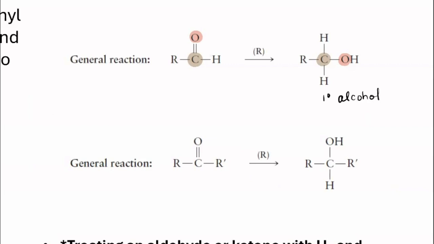Because as we're going to see now, if we start with a ketone, meaning a C double bond oxygen with carbon chains on either side, upon reduction, and let me highlight the atoms, the carbon in the carbonyl will receive a hydrogen, and the oxygen in the carbonyl will receive a hydrogen. So when we are reducing a ketone, what we make is a secondary alcohol.